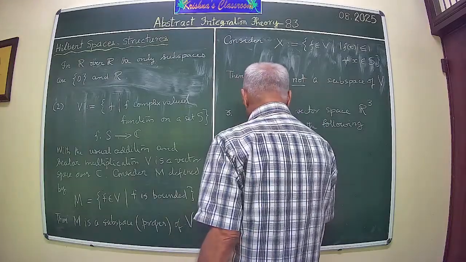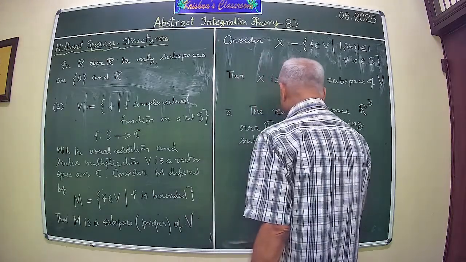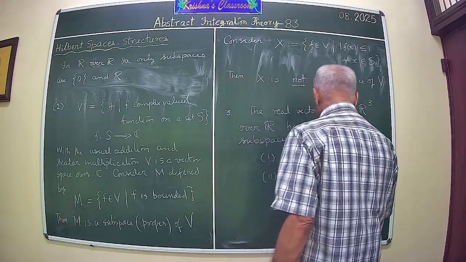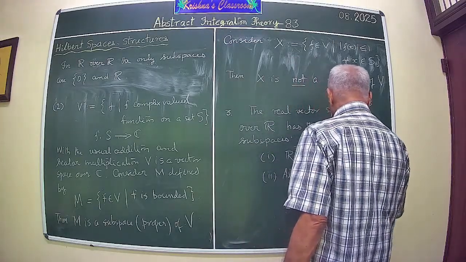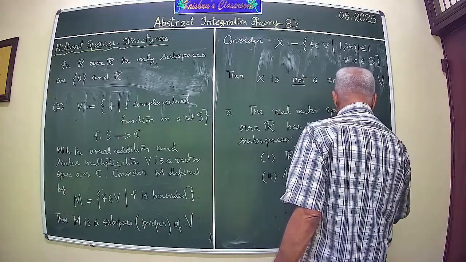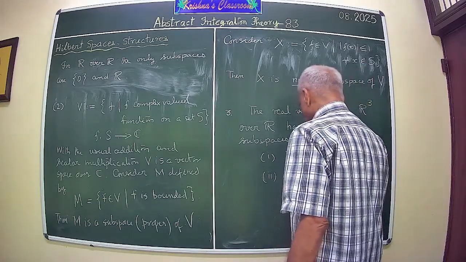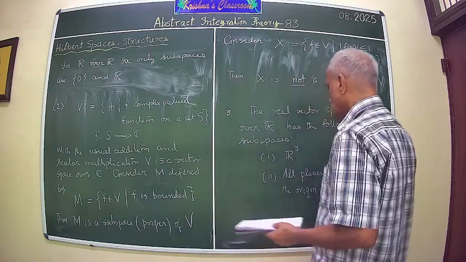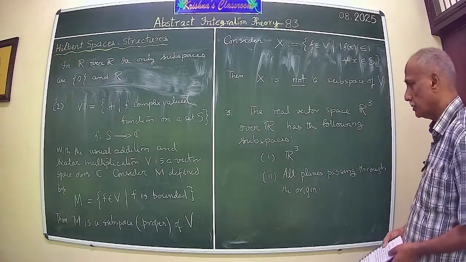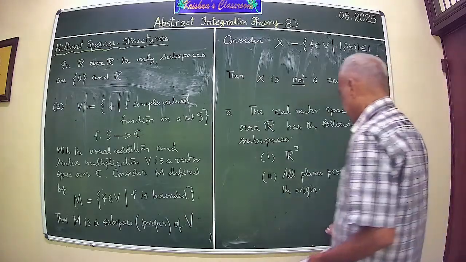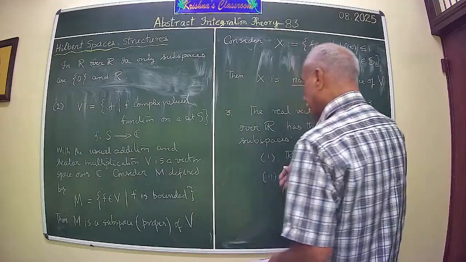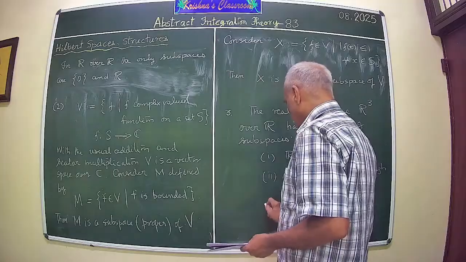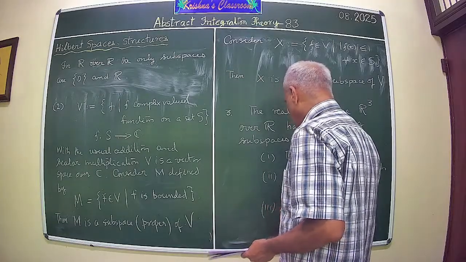The second one is all planes passing through the origin. Okay. All the planes that pass through the origin are subspaces. They are not trivial subspaces. Third one is all lines passing through the origin.